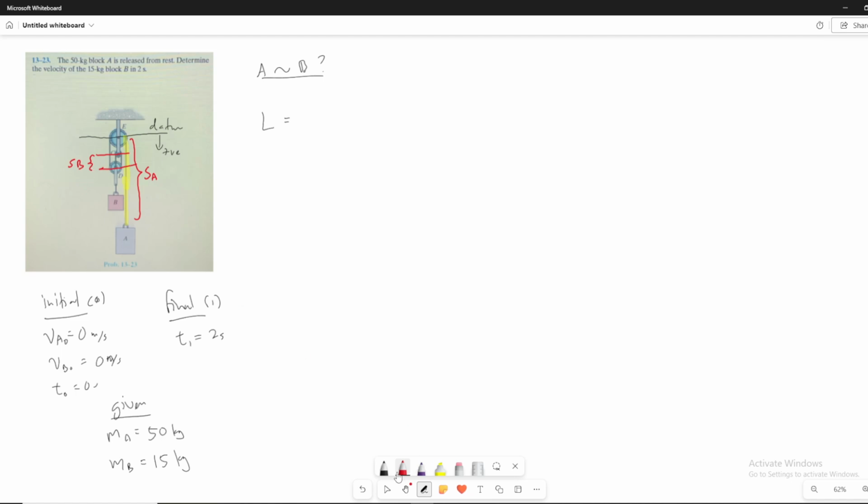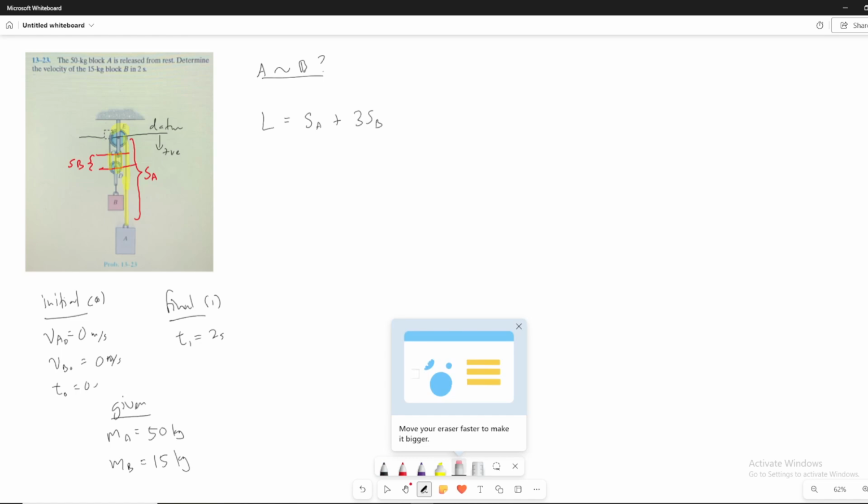Which means this part here is constant. Same as here, the constant part we ignore. So we have SA, so this is SA plus 3 SB. This is the length of the rope, because these parts 1, 2, 3 should all have the same length.